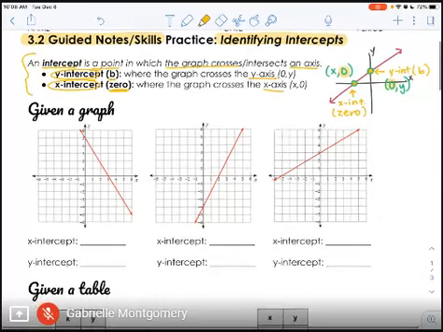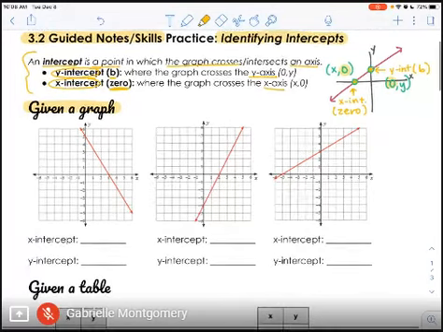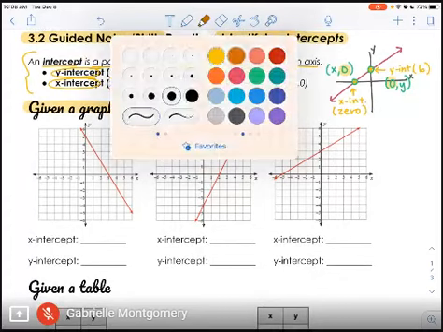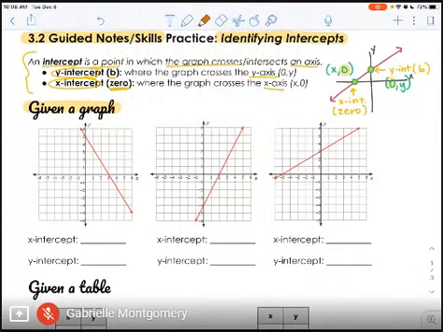If you're writing notes by hand, this section of your notes is going to be "Given a Graph." We're going to identify the intercepts given a graph. So write that title down for this section. This is going to be pretty straightforward. We've already practiced doing this, so it's a bit of review.